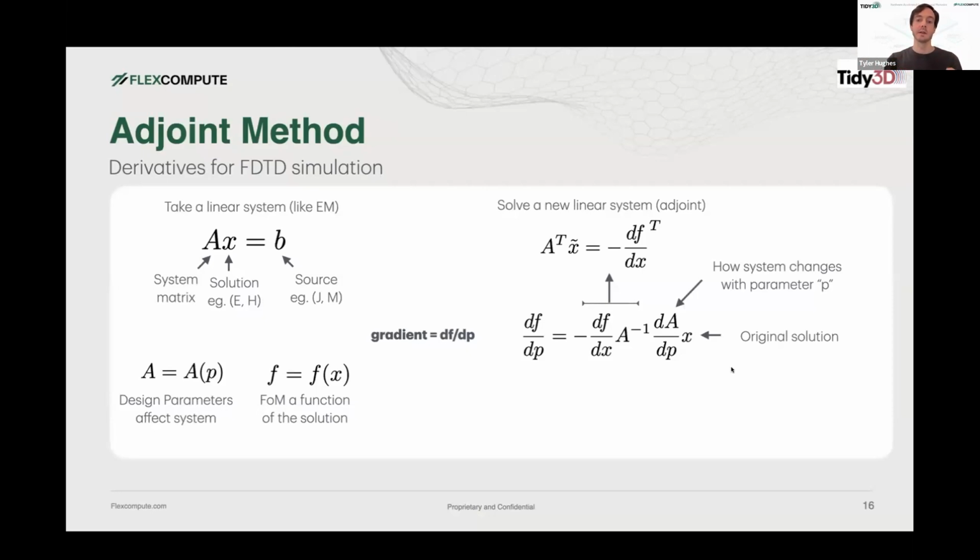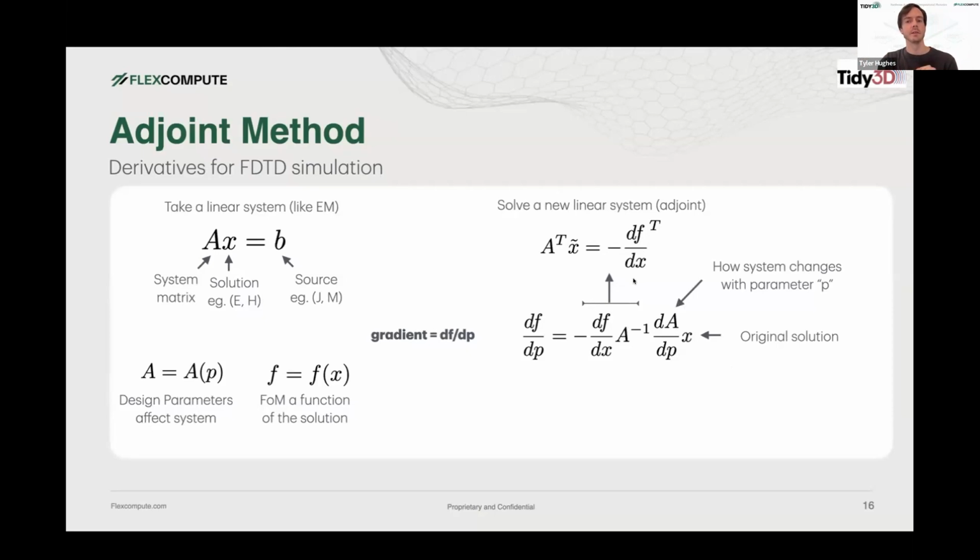So another electromagnetic simulation solution, where now you have the same system matrix. Well, it's transposed, but essentially the same system, but now the source is replaced by this term here. Basically the source now is encoding how the figure of merit is affected by your measured fields from the forward simulation.